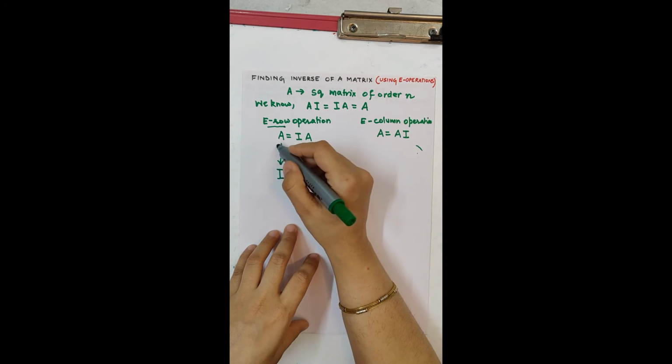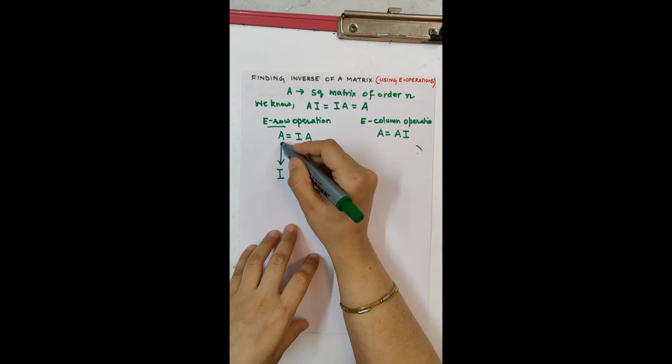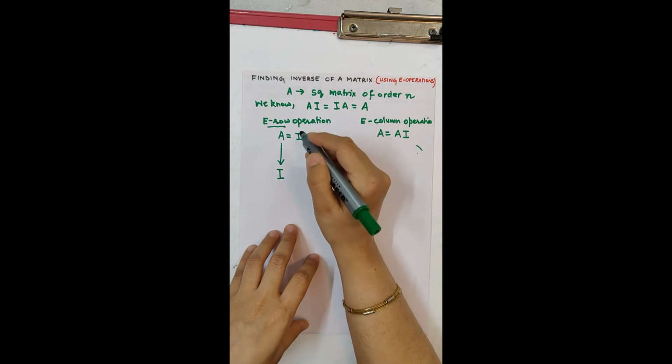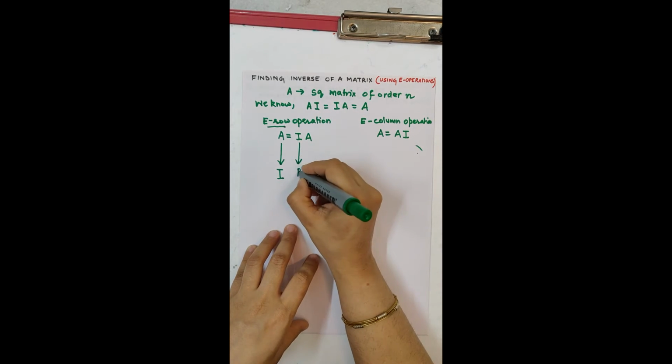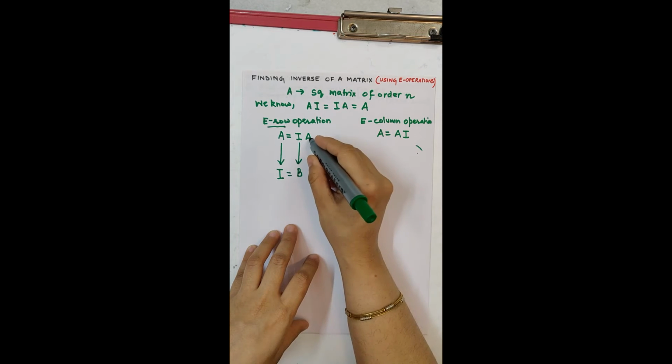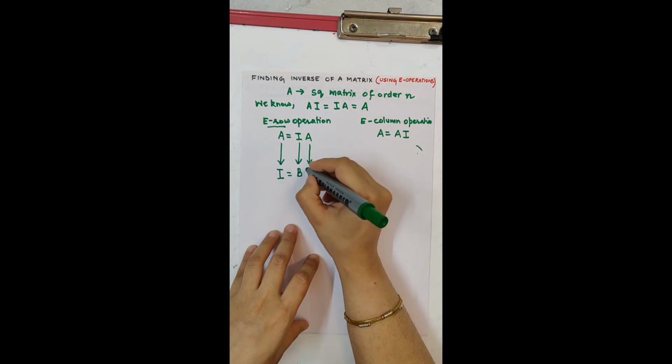So the operations that I applied to the matrix A to transform it to the identity matrix, the same operations will get applied to the identity matrix and it will transform into a new matrix, say B. And this second matrix will be copied all throughout this process.